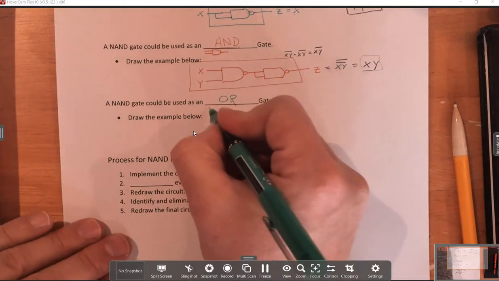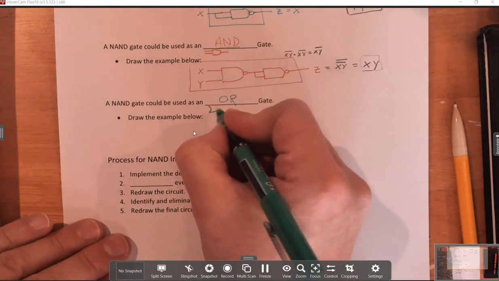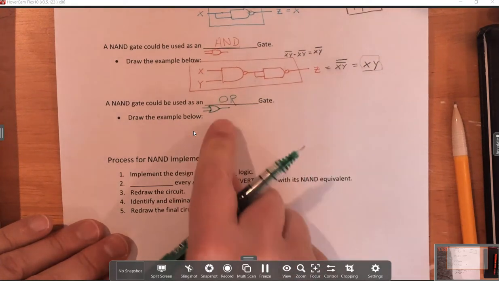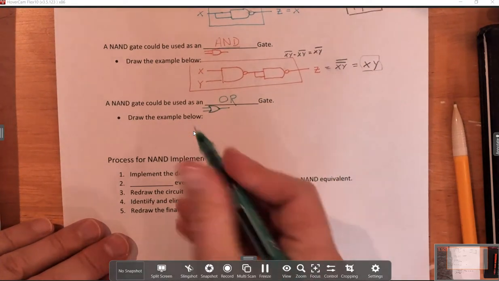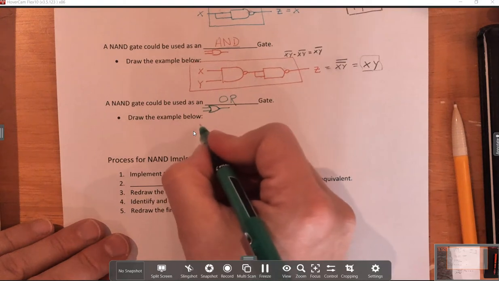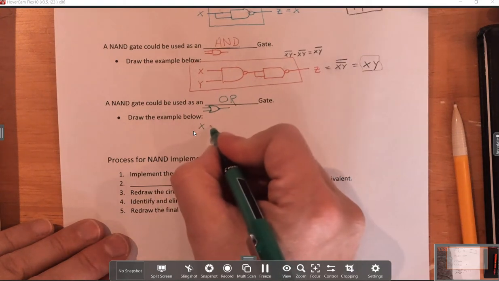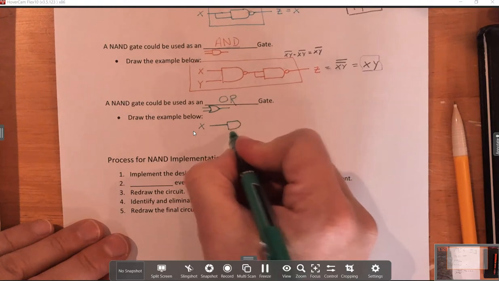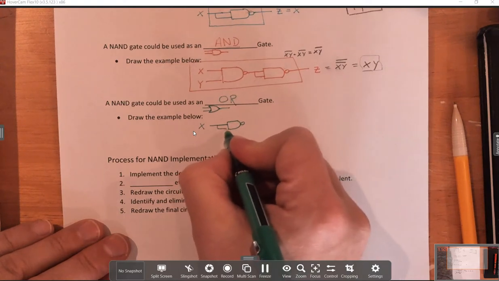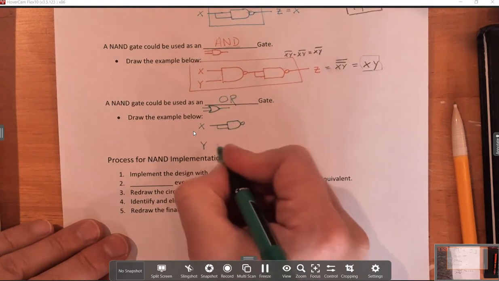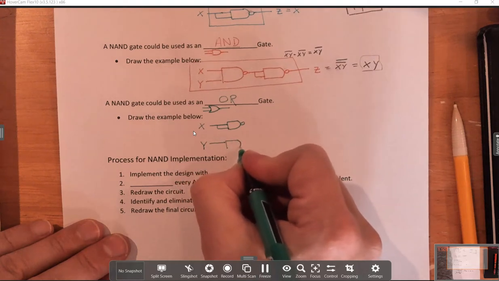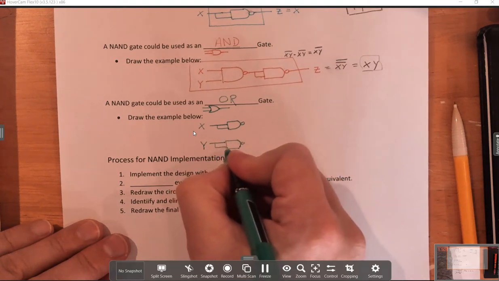Okay, and an OR normally looks like this. There's a 2-input OR gate, right? So that's what we're used to using. Instead, we're going to run X into an inverter created by NAND gates. We're going to run Y into an inverter created by the NAND gate.